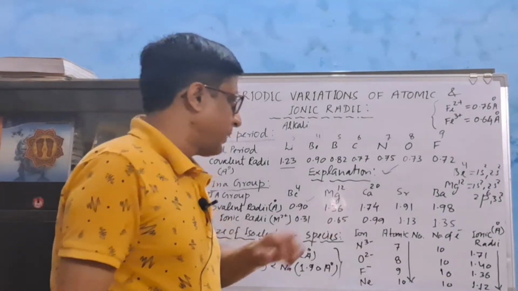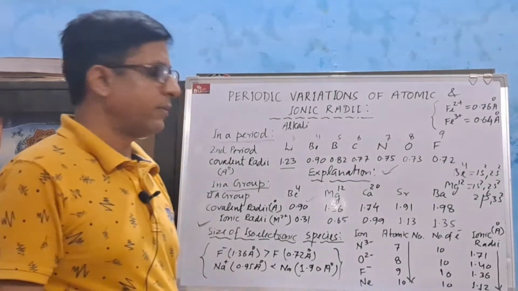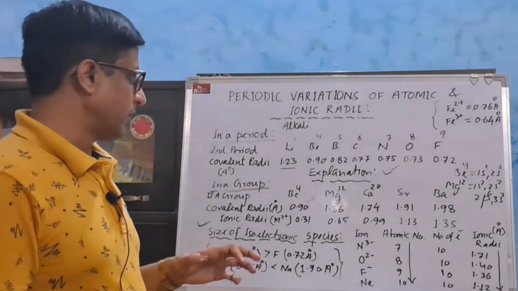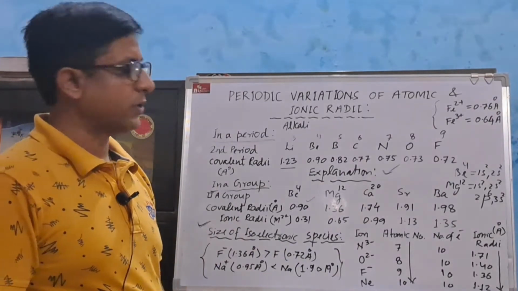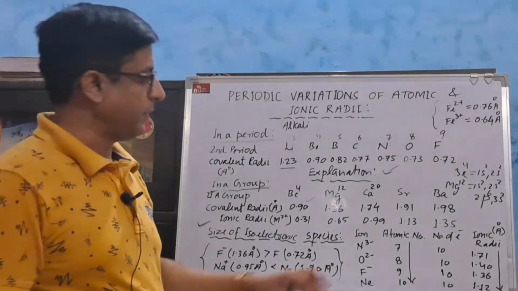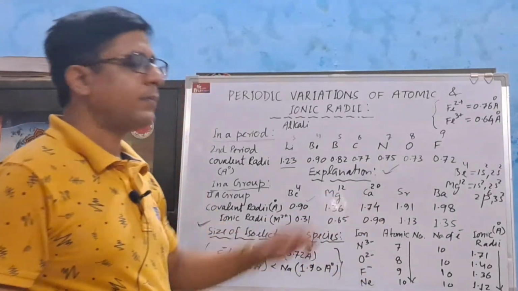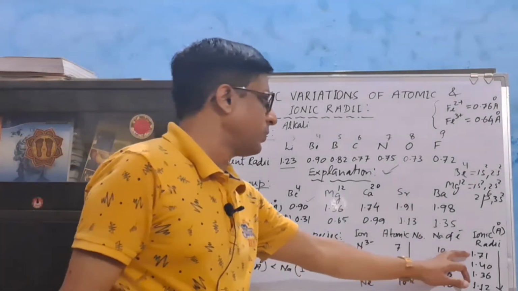In case of nitride ion, there are 7 protons. Therefore, the attractive force between the nucleus and valence shell electrons goes on increasing with the increase of nuclear charge. Therefore, the size goes on decreasing.